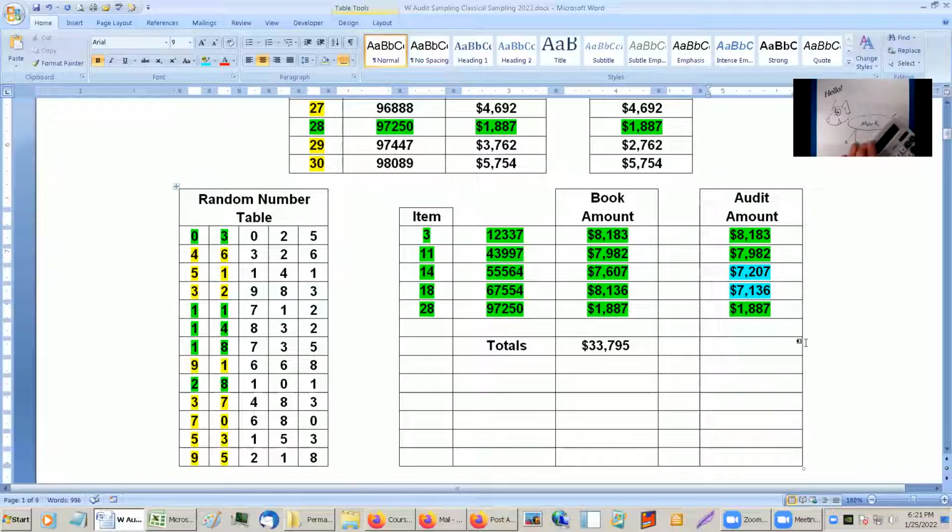For this one would be $32,395. Is that what you guys got?